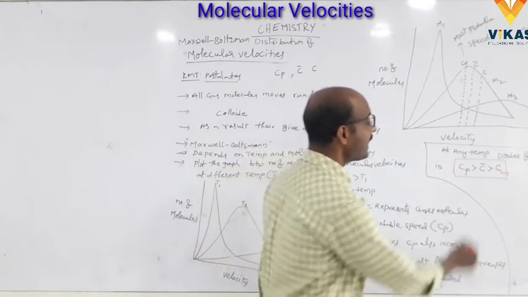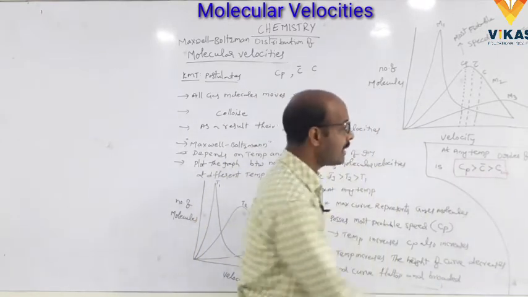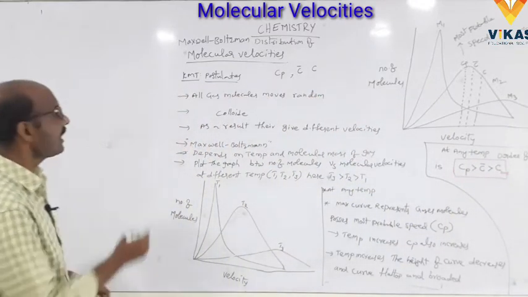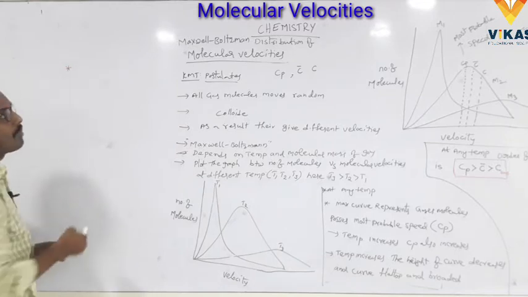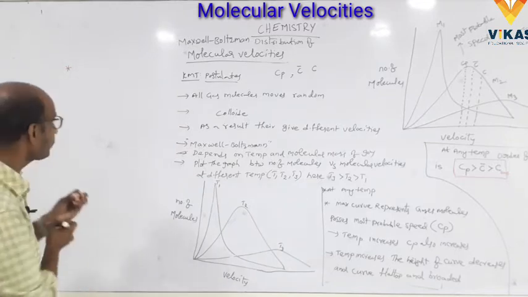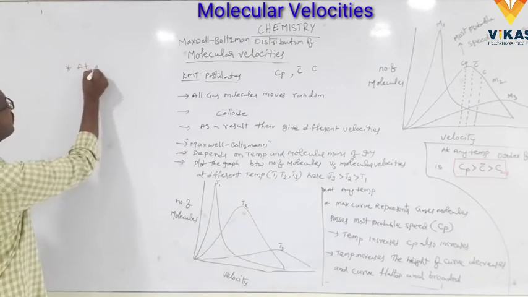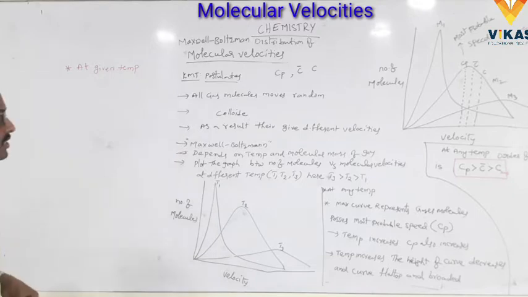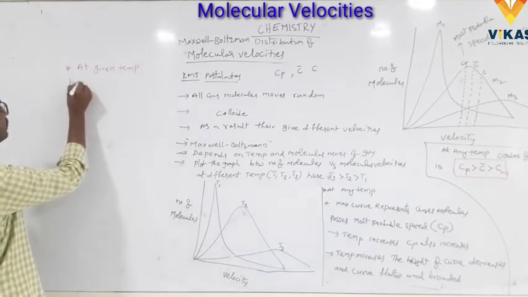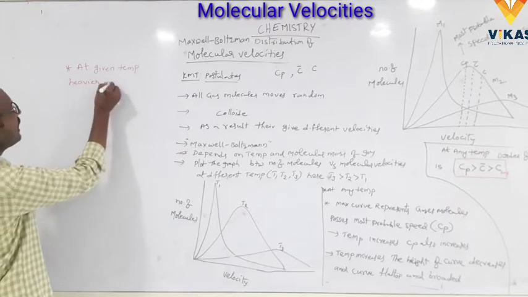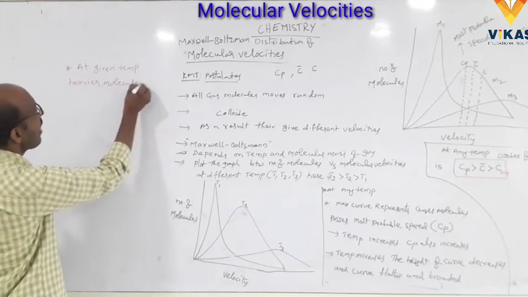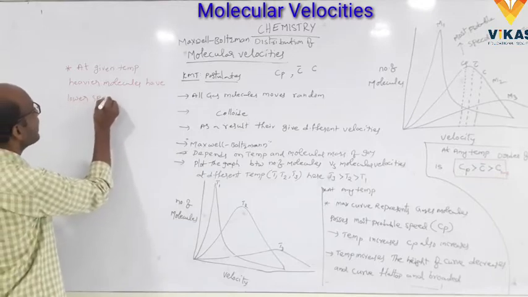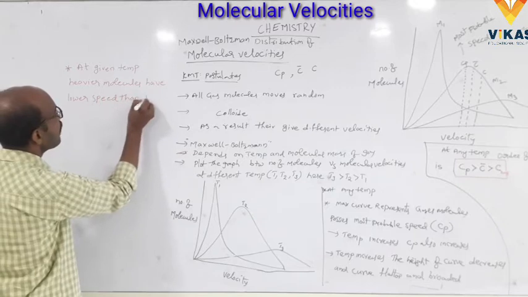Okay. At any temperature, the order of velocity is Cp is greater than C bar is greater than C RMS velocity. Clear? Okay. The most important point in the molecular velocity Maxwell-Boltzmann curve: at a given temperature, heavier molecules have lower speed than lighter molecules.